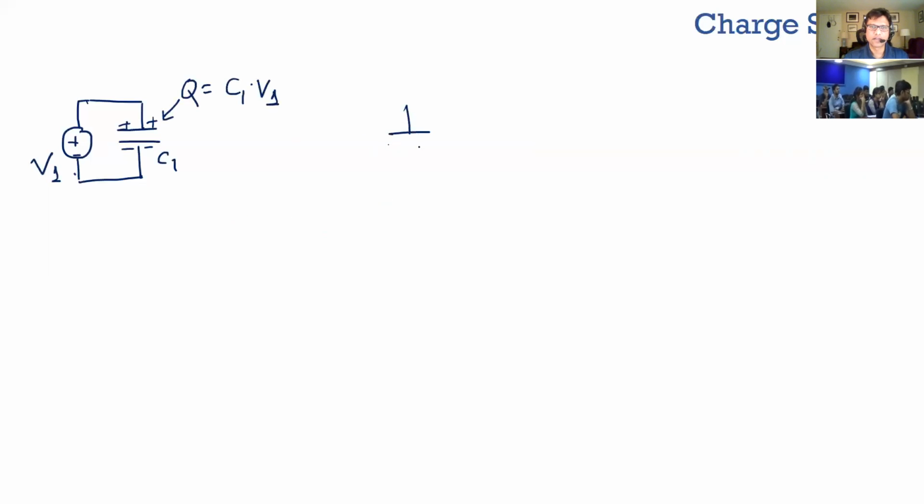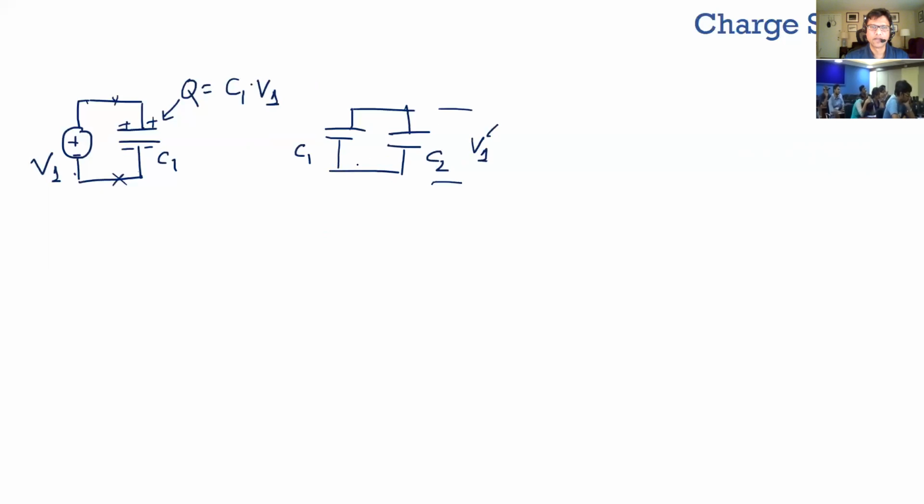Now let's take another capacitor, C2, with no charge across it to begin with. You take C1, which was charged to V1, disconnect it from the source, and put it across C2. That's classic charge sharing, the simplest charge sharing problem. The question is, what's the voltage across the effective capacitor now, V1 dash?